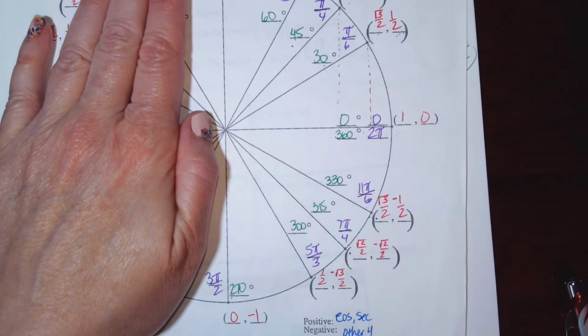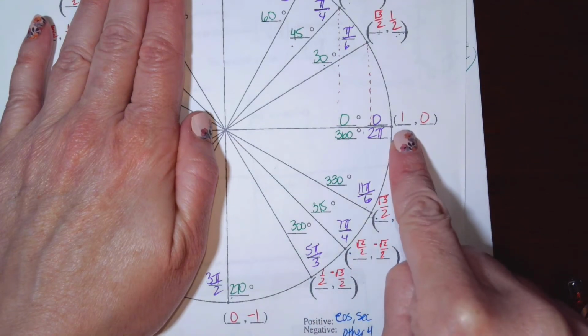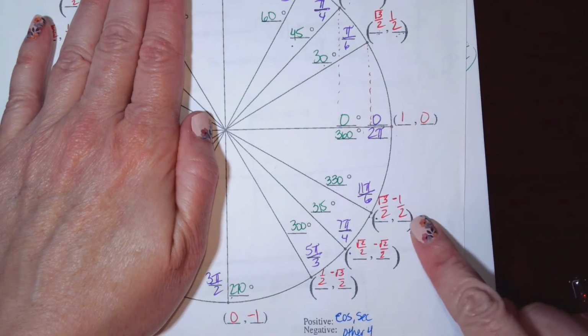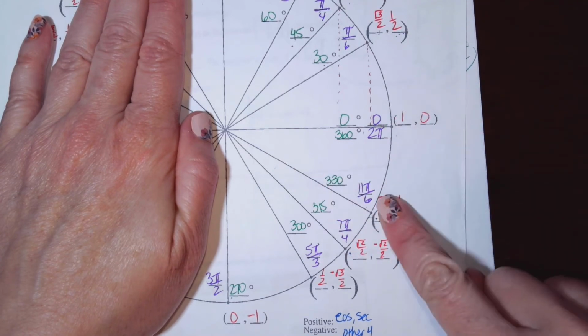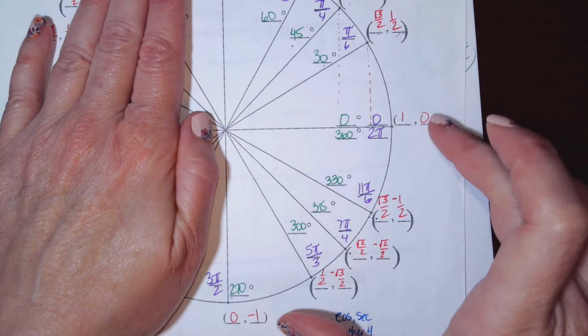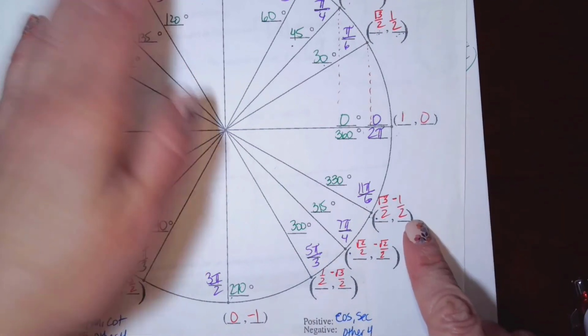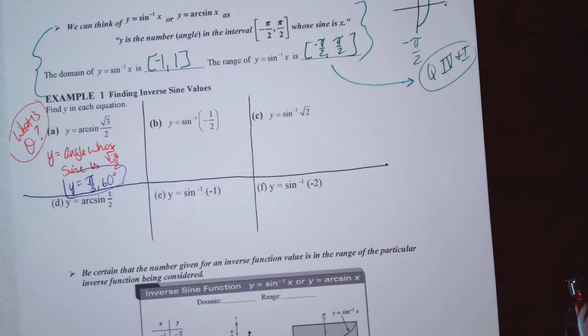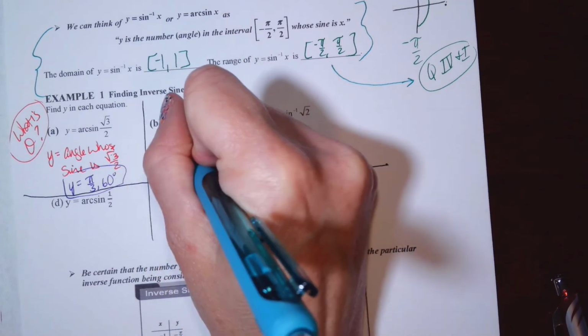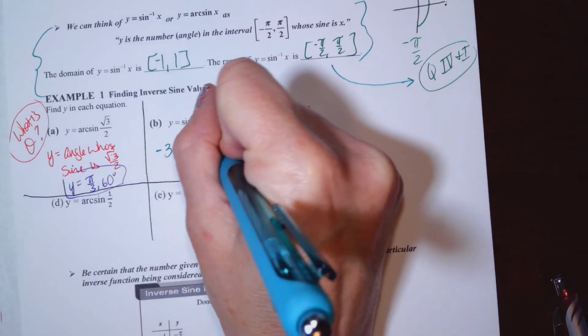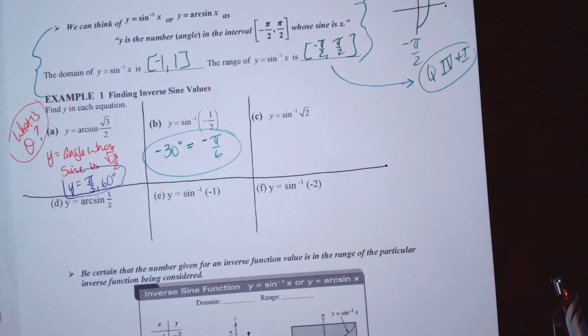The angles I'm considering are from negative pi half to 0. Well, if the sine value is negative 1/2, I'm right here, which is that 30-degree reference angle. Remember, I am going to return a negative angle value here. So my angle is negative 30 degrees or negative pi over 6. That's the angle that has a sine value of negative 1/2.